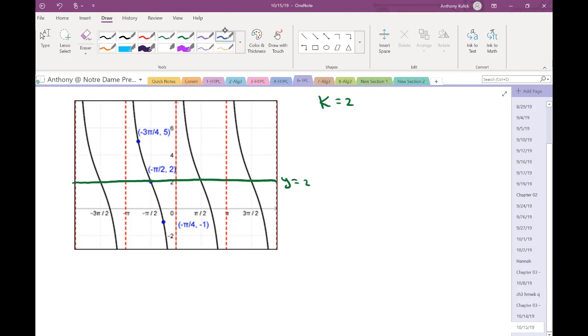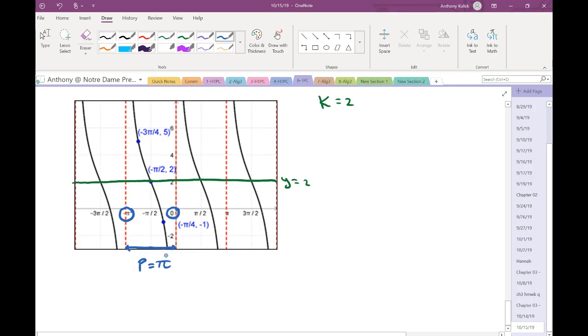Okay, next let's determine the period. Where do I look for the period between? Asymptote to asymptote, right? So this first asymptote is at negative pi. This second asymptote is at 0. So what is my period?